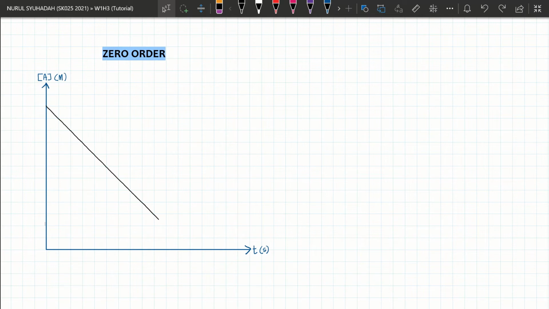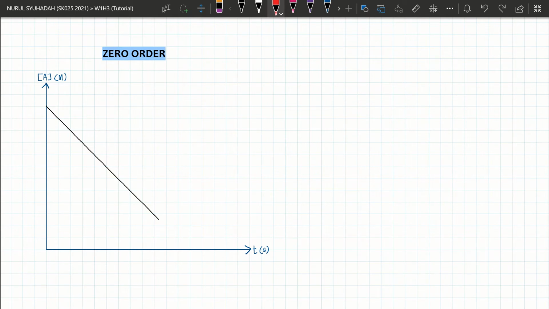This will be the graph that you will get for concentration against time. So how do we incorporate the half-life method to find the order of reaction? Like I mentioned before, we will analyze it by looking at the first half-life and the second half-life.